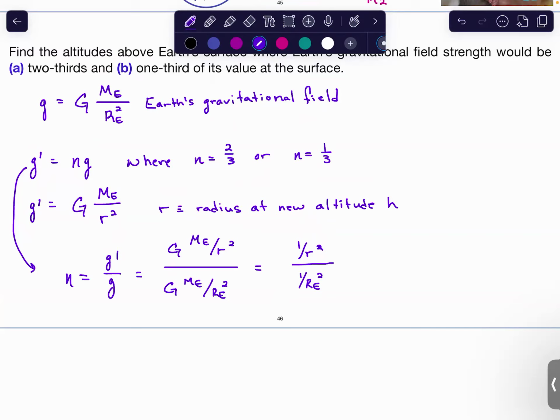And when you have fractions inside of a fraction, in this case for example, your r_e squared is going to flip up to the top and your r squared is going to go down to the bottom. And so our n is going to be r_e squared over r squared.